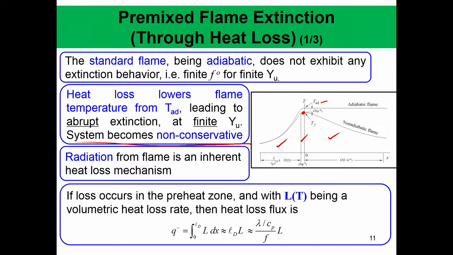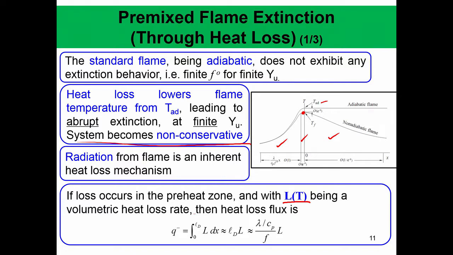So, now we will find out the heat loss in different parts of the flame. We say that this is the heat loss parameter. This capital L_T will represent the heat loss in the preheat zone. L is the heat loss parameter, T is the temperature. So, L is a function of temperature, and this is essentially a volumetric heat loss rate.